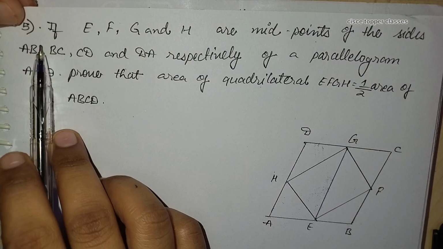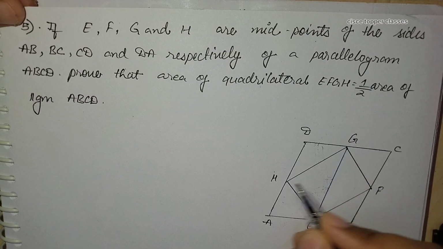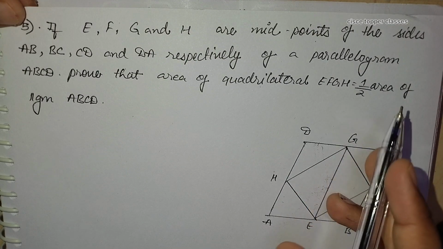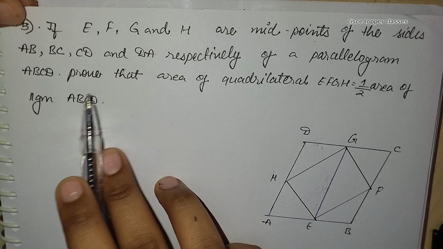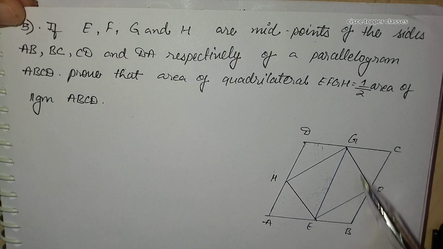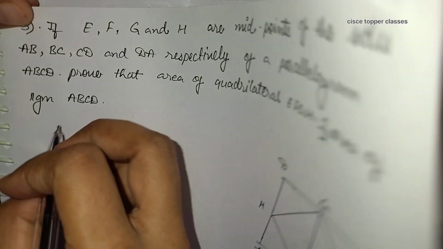Let us solve the fifth question. If E, F, G and H are midpoints of the sides AB, BC, CD and DA respectively of a parallelogram ABCD, then prove that area of quadrilateral EFGH is equal to half of area of parallelogram ABCD.